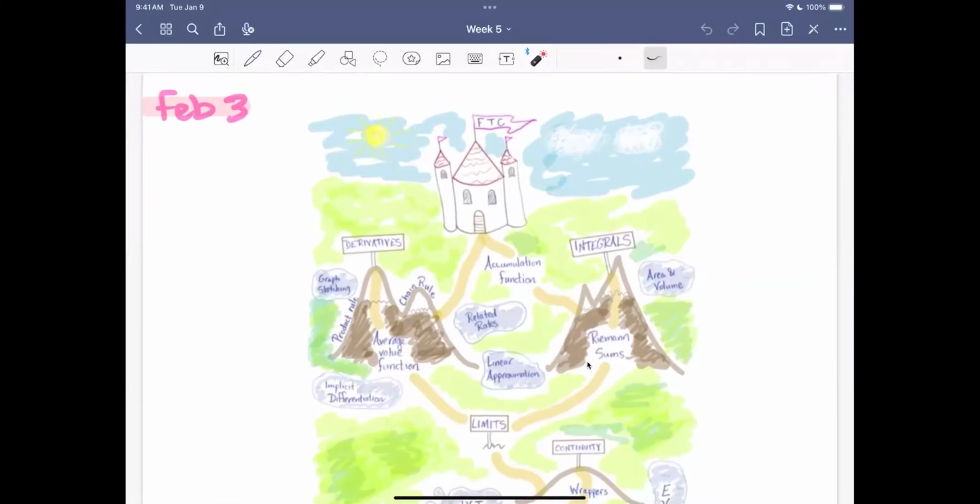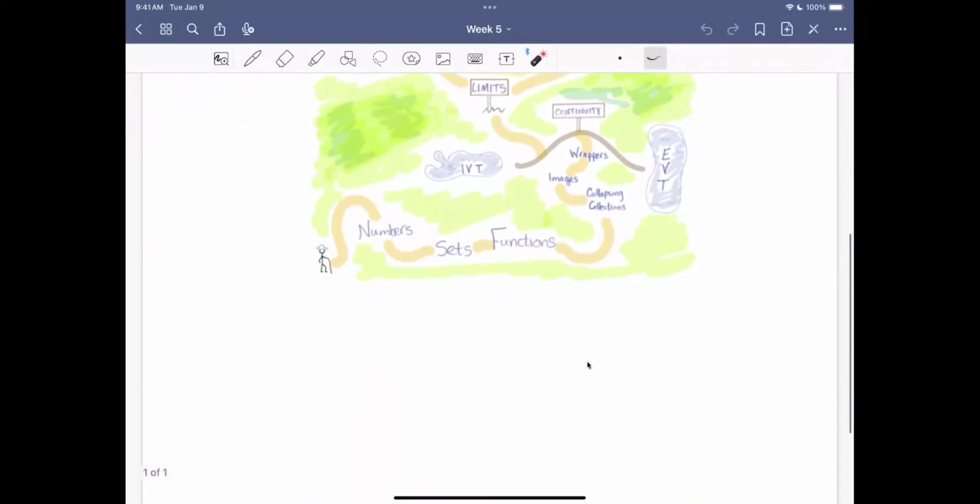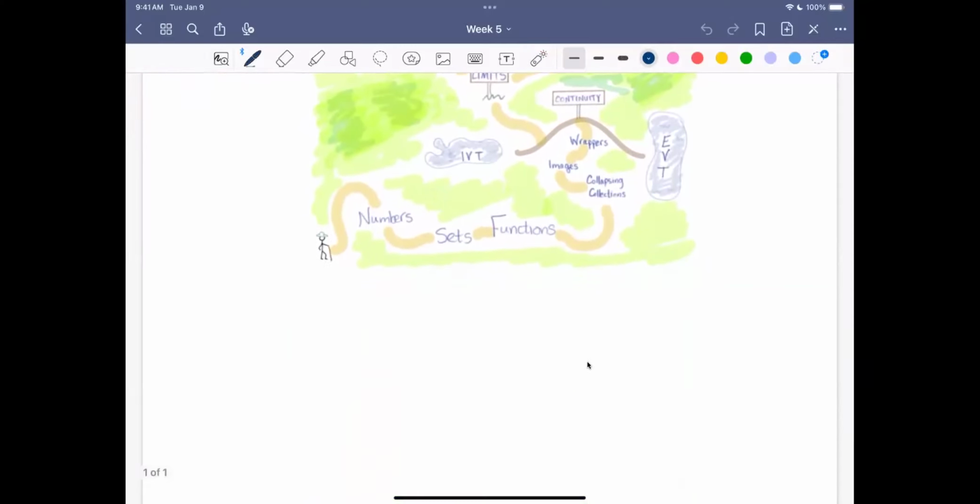So this week we'll be talking about limits. This addresses the question of what happens when a function isn't defined at a certain value, or how do you formalize the idea of what values the function is approaching.